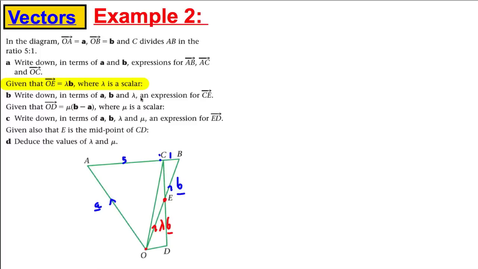Write down in terms of a, b and lambda an expression for C to E. So for part b, how do you get from C to E?